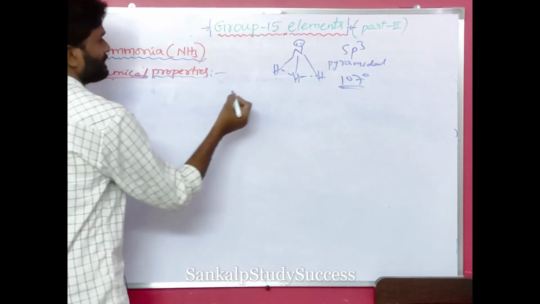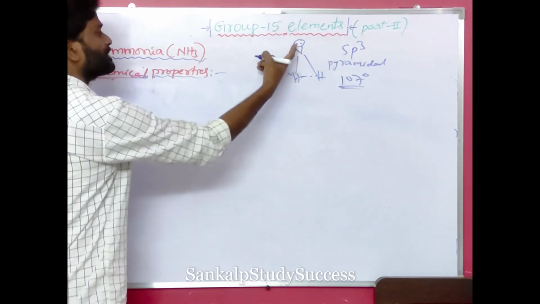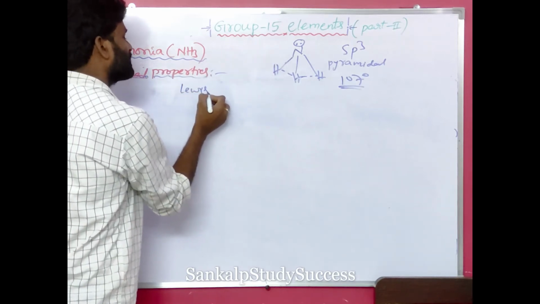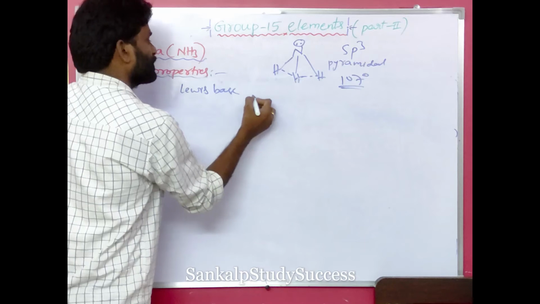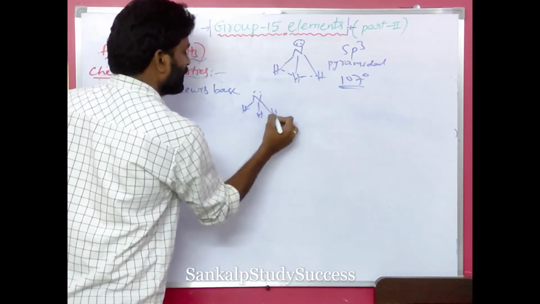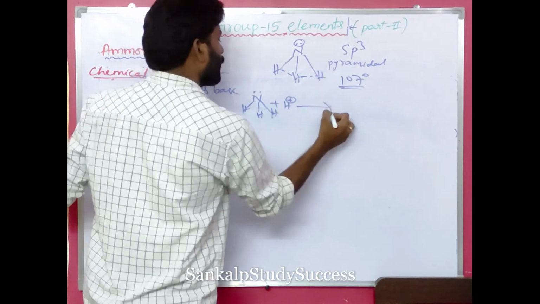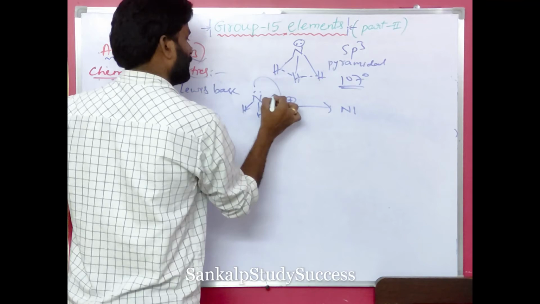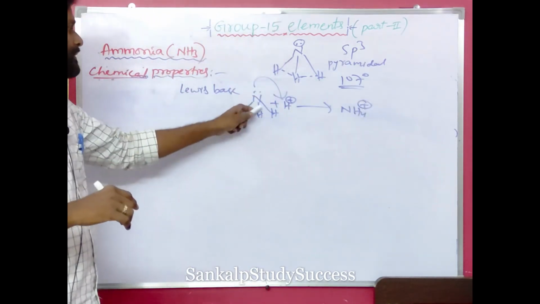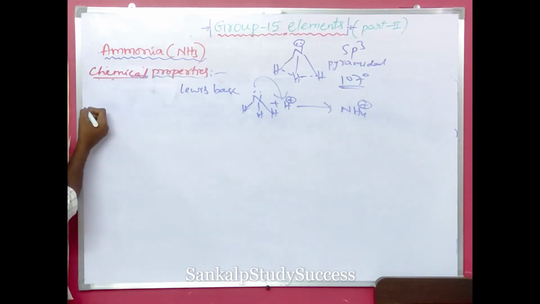Next, its chemical properties. Due to the presence of a lone pair, it acts as a Lewis base. When it is treated with acids like H+, it forms the ammonium ion. So here it acts as a Lewis base, and it is highly soluble in water.